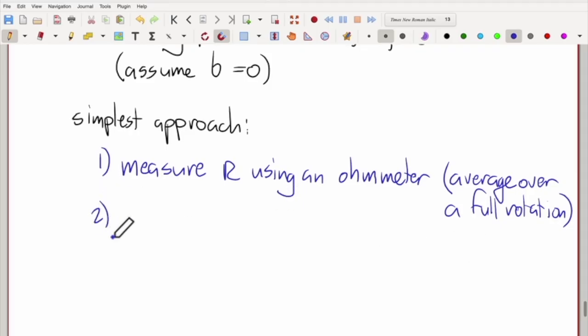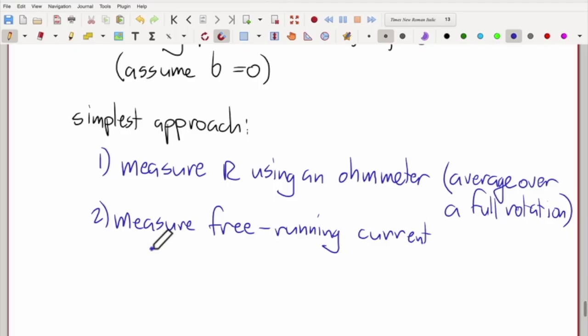Next, you will measure free running current, call this I_F, using an ammeter.